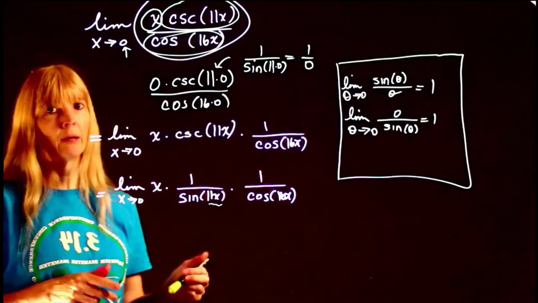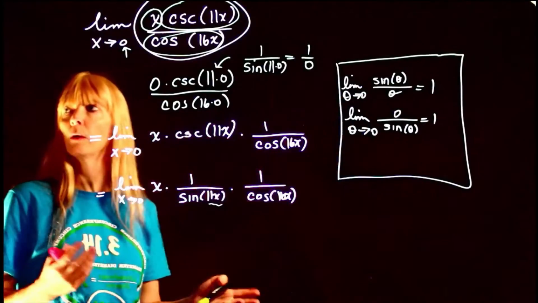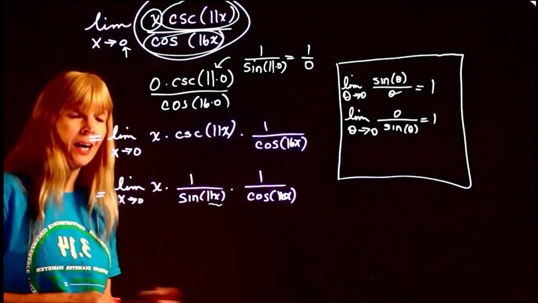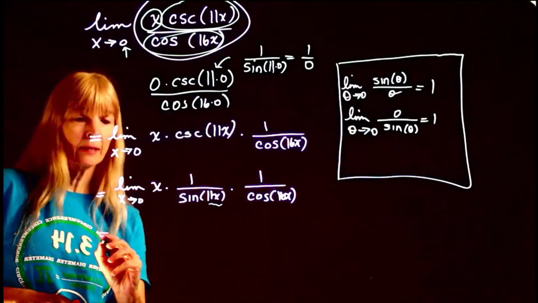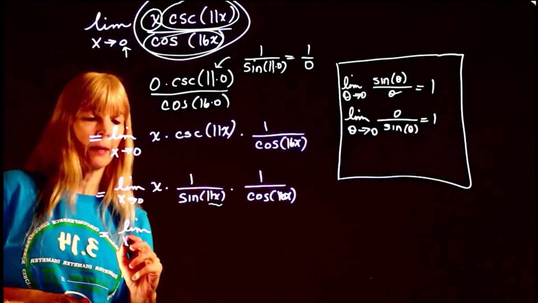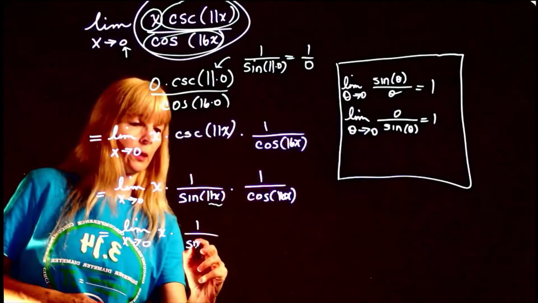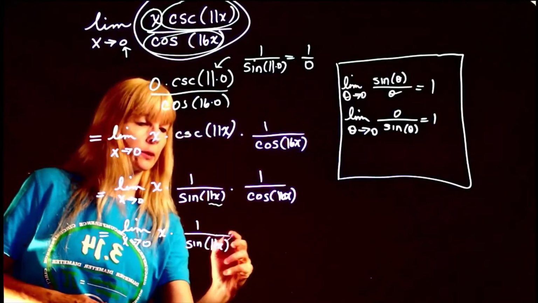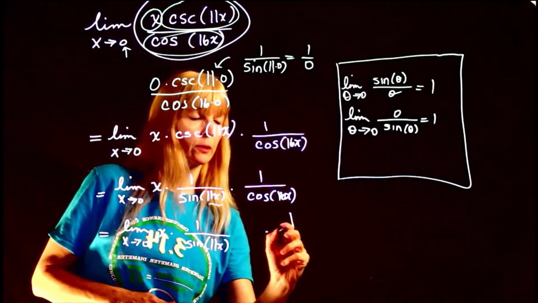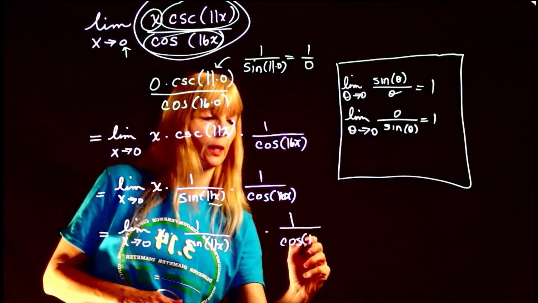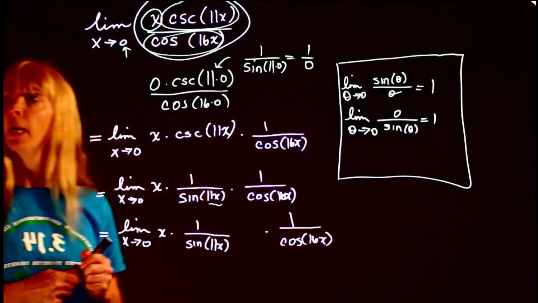I mean, I know you love when math people just do whatever you want, right? You can do this as long as I just multiply by 1. All right, so let me just write all this again. Sine of 11x, and then I'm going to put a little space here because I'm going to need it, cosine of 16x.